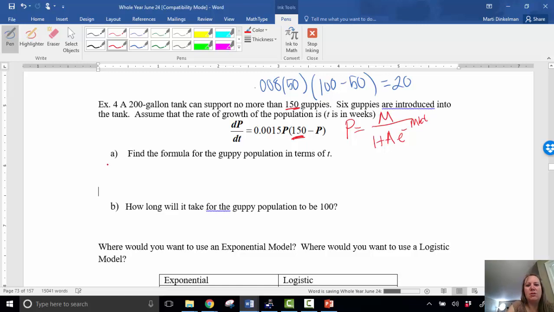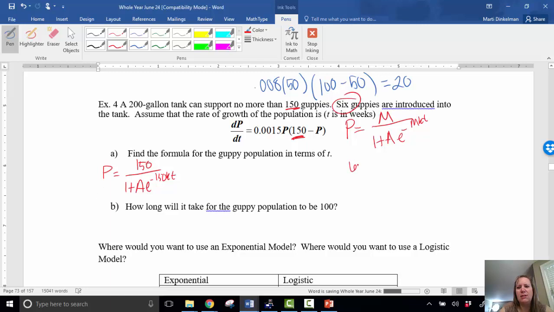So for this one, so far what we know is that's a 150. We don't know a yet. We're going to find k and a here. So let's go ahead and find the a value first. That's based on the initial condition. So I'm going to use this 6 guppies.